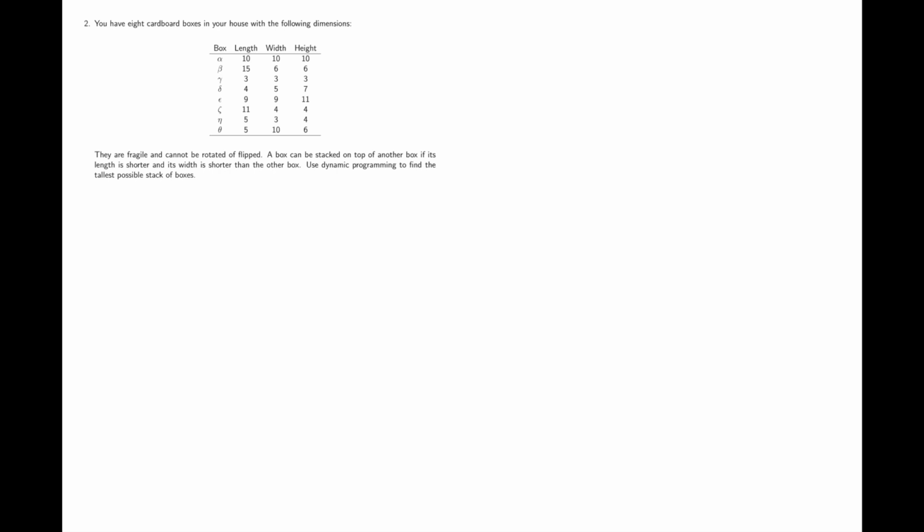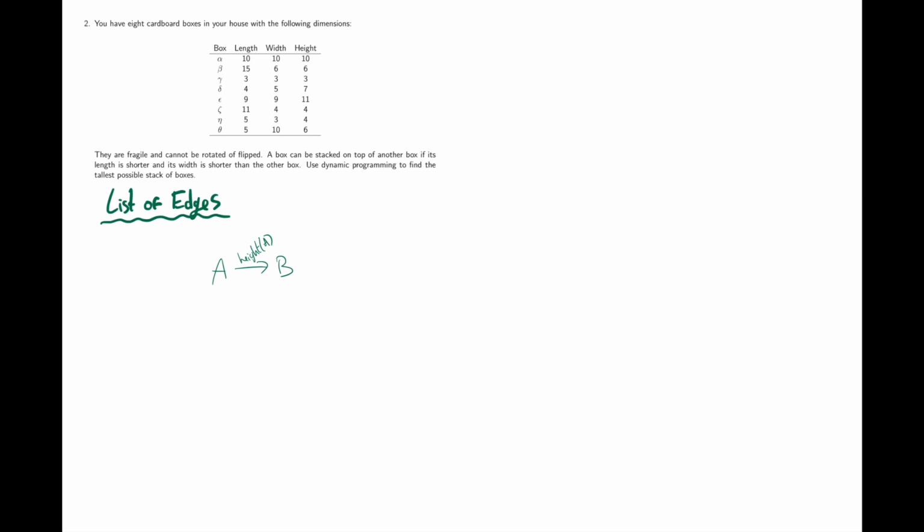The key information we'll need is the list of edges. We'll want to know what node this edge leaves, what node this edge enters, and the length of that edge. Now an edge from A to B would correspond to stacking A on top of B. That would increase the stack by the height of A. And so the length of that edge will be the height of the node it is leaving.